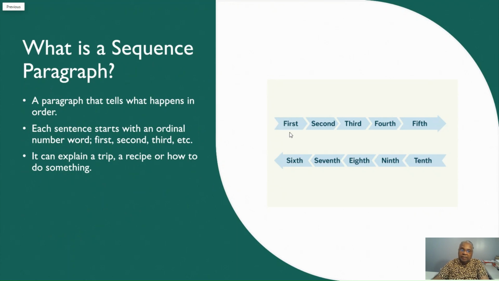Let's read the ordinal number words together. Ready? Let us begin. First, second, third, fourth, fifth, sixth, seventh, eighth, ninth, 10th. Great job.